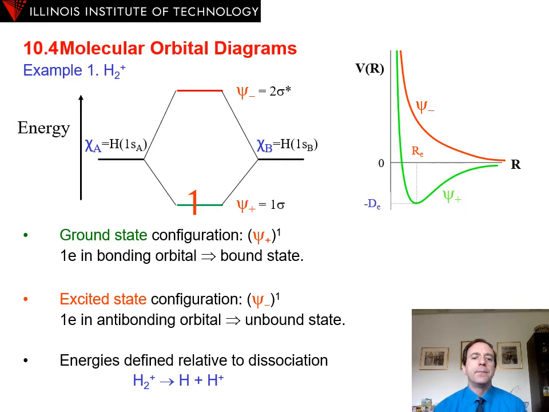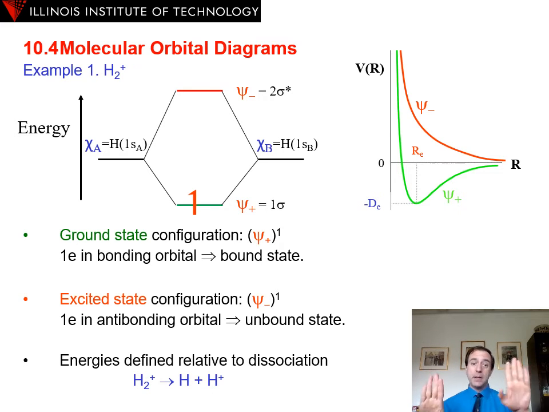We're starting with some examples to go through and explain this. We're going to start with the example of the diatomic hydrogen cation. So 2 protons, 1 electron. In this molecular orbital diagram, the atomic orbital wave functions are on the outsides.